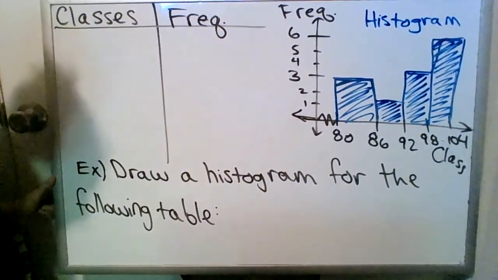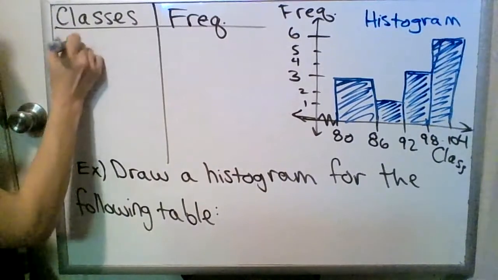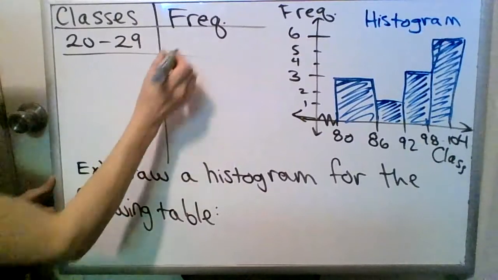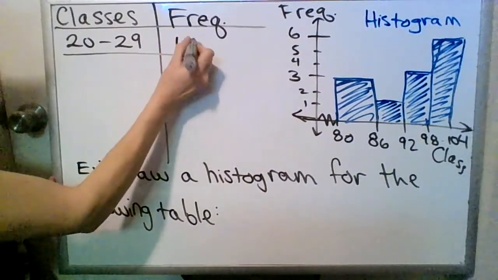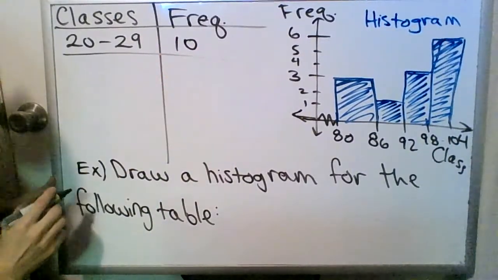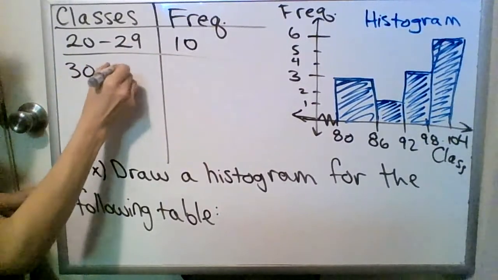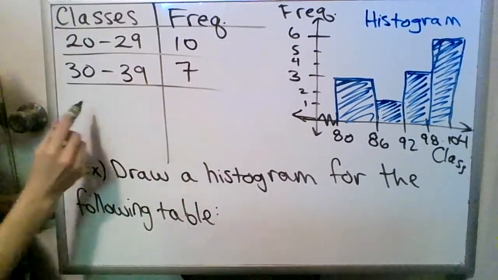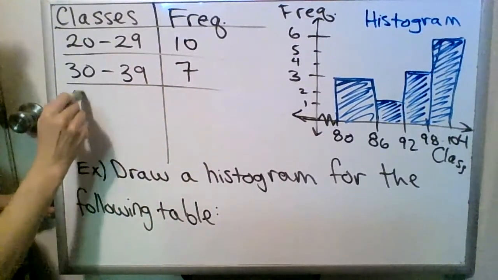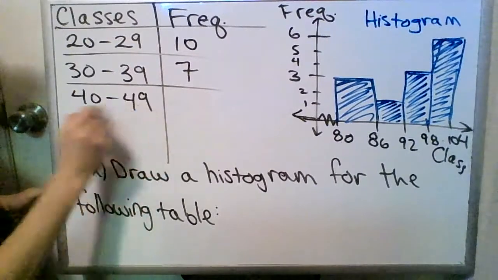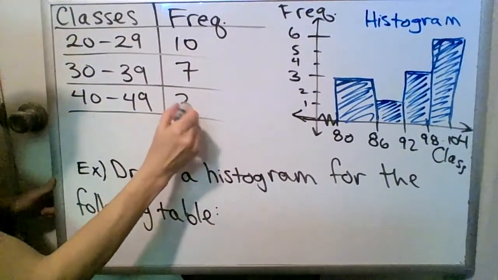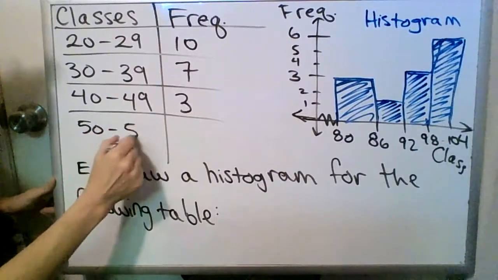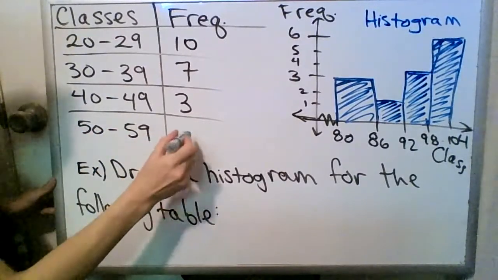The first class is from 20 to 29 with the frequency 10. And we're going from 30 to 39. And the frequency is 7. From 40 to 49. Frequency of 3. The last one goes from 50 to 59. And the frequency is 1.